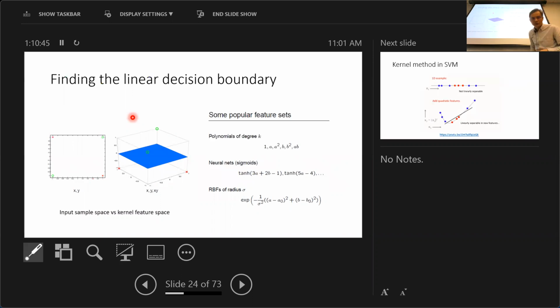Another example is these points in the 4 corners of (-1, -1) to (1, 1). Same idea: you add x times y, the multiplication, and then it becomes separable.